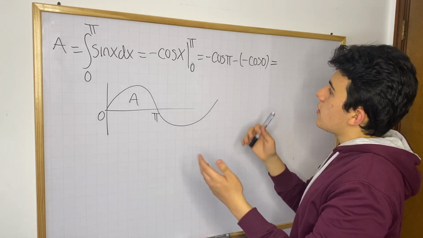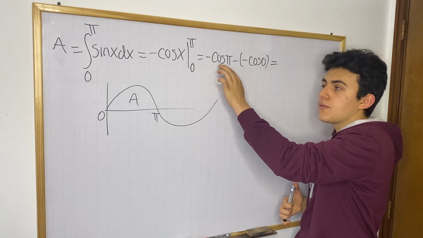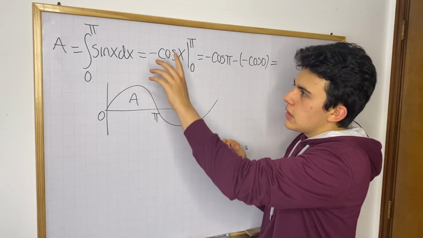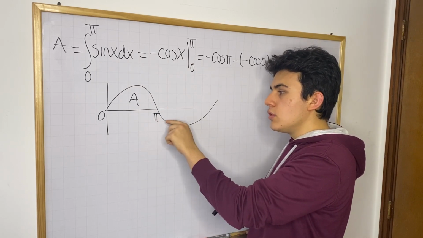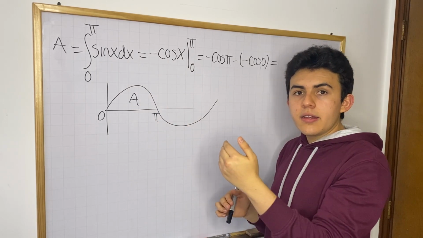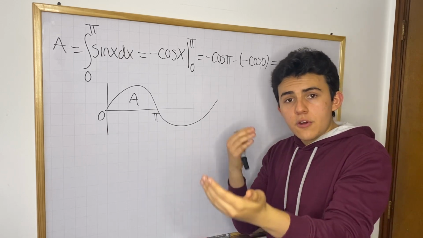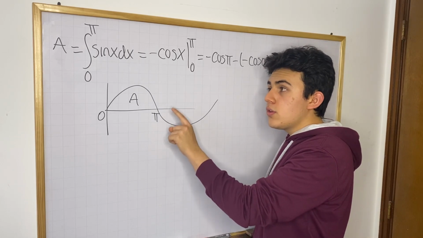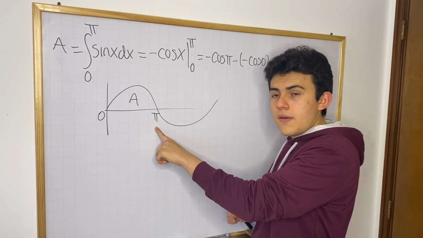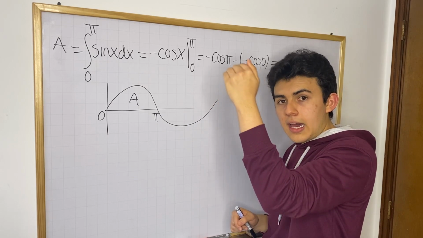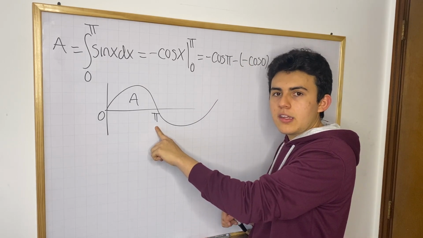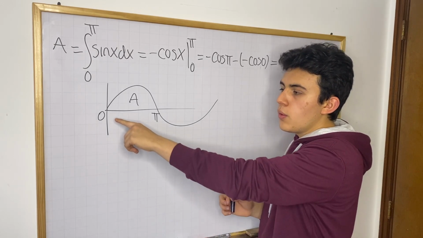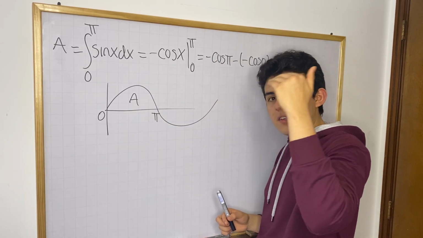Another helpful trick to know the values of cosine: the roots of sine can be found at multiples of pi, and sine has what I like to call the inverse properties of cosine. So if you find the roots of sine at multiples of pi, then you will find the maximums and minimums of cosine at multiples of pi. For instance, at 0, cosine is 1, which is its maximum value.